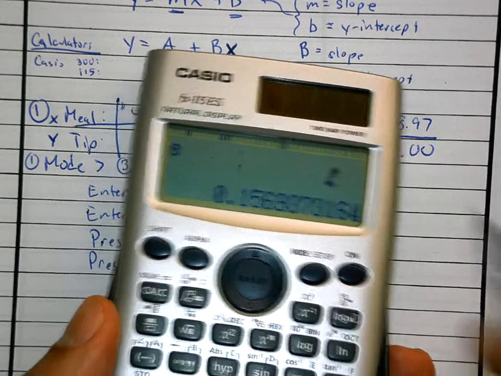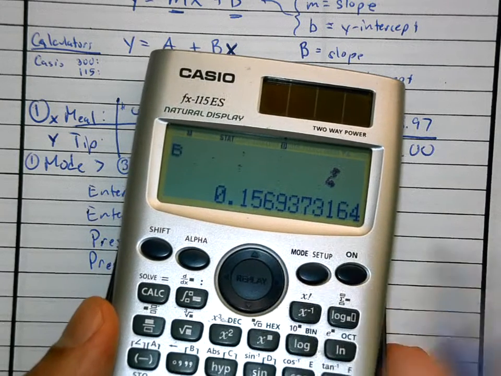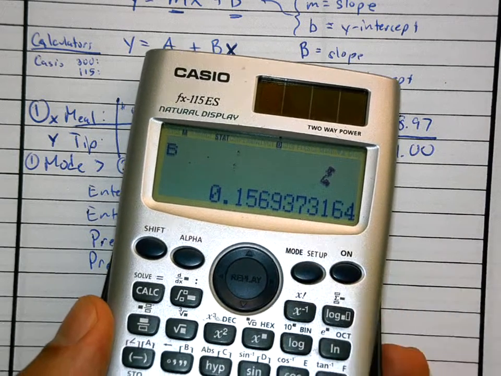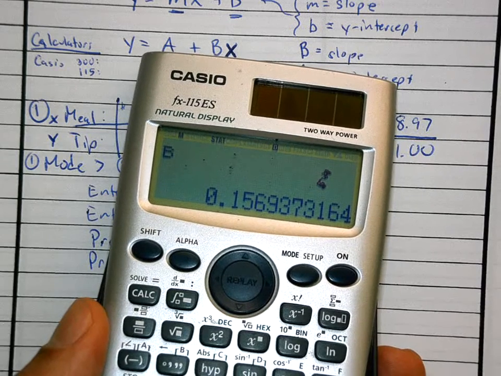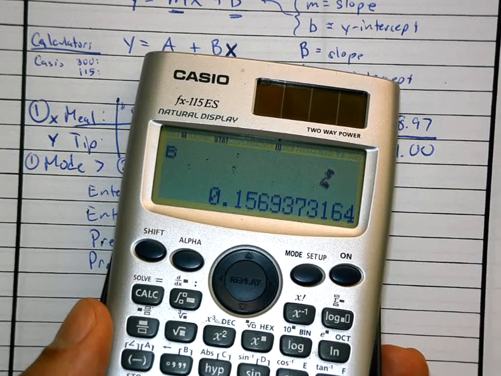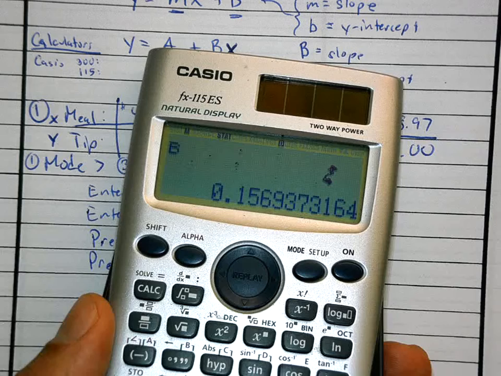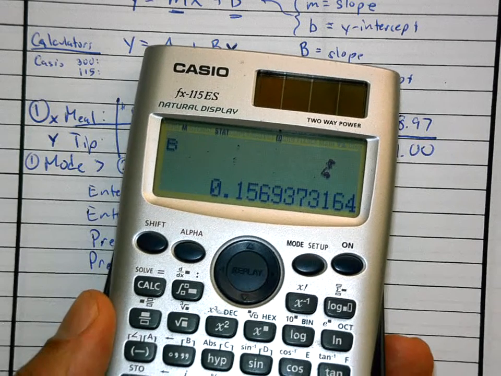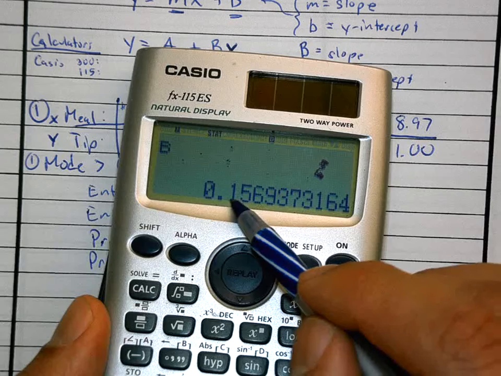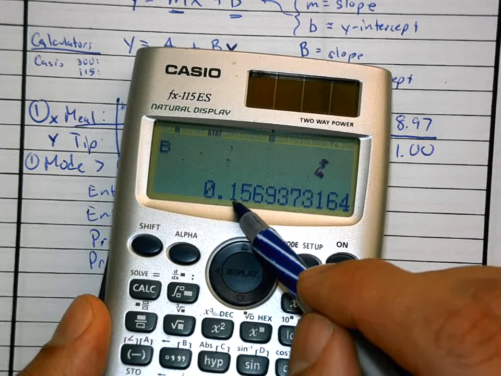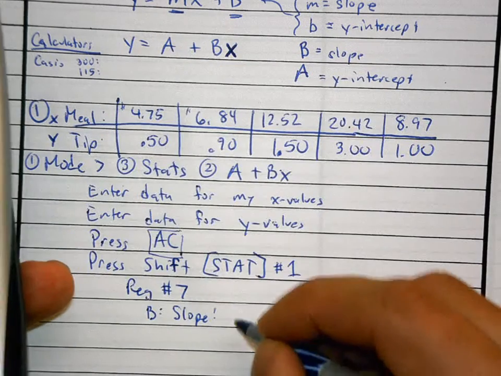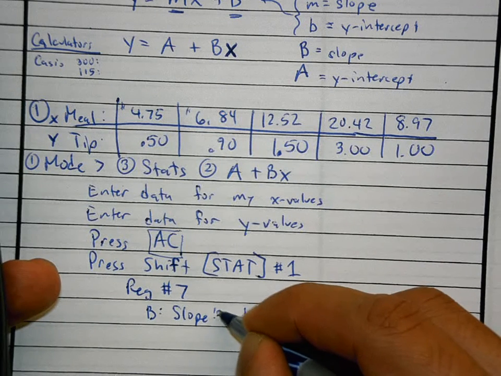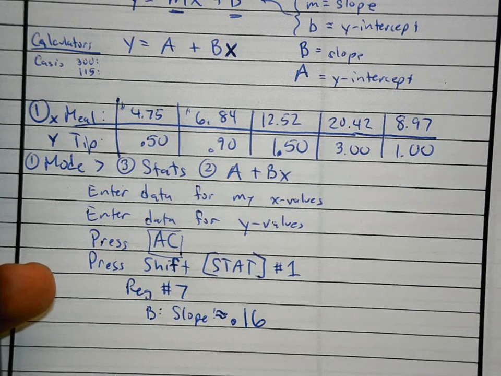It's going to figure out 10 digits of the slope. We're going to round. Let's make it easy on ourselves. Let's go to the nearest hundredths place. Tenths, hundredths. 0.16, approximately. We're rounding right now. Scoot that up.